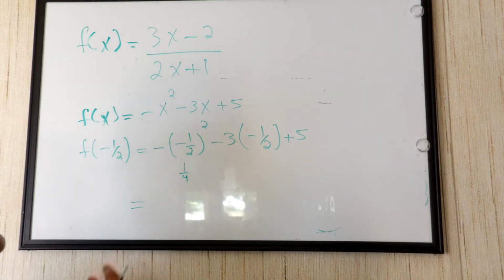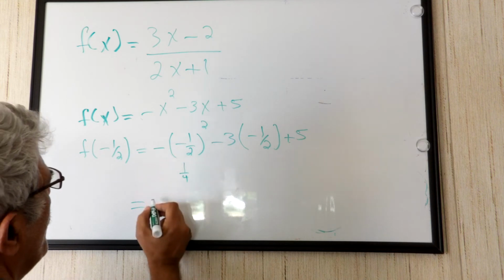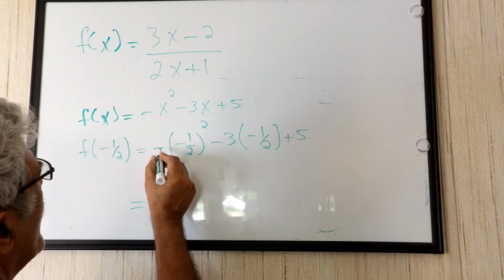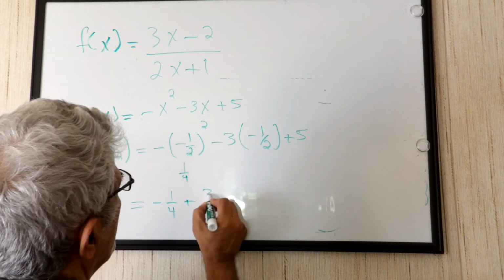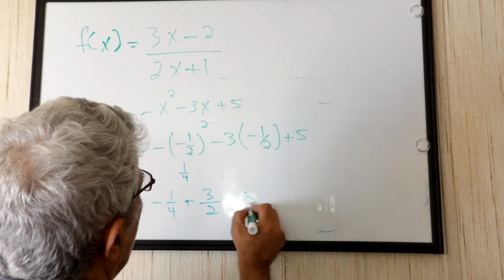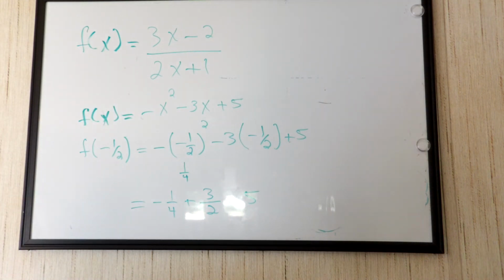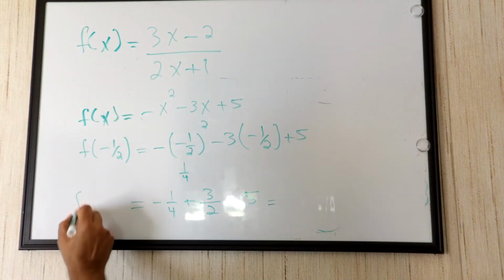We put a minus sign behind it because the minus is behind the parentheses, and then this is going to be plus 3 over 2 plus 5. You just solve this to get the value for f of x.